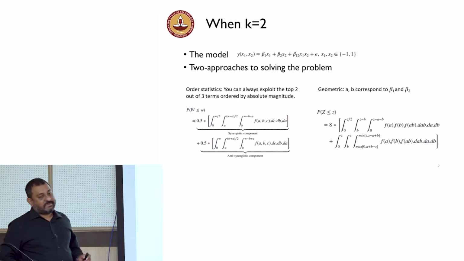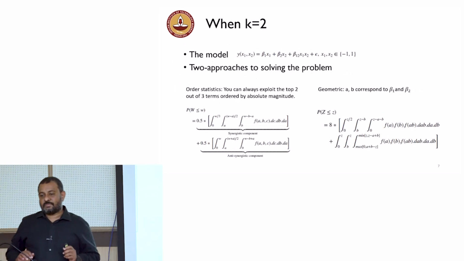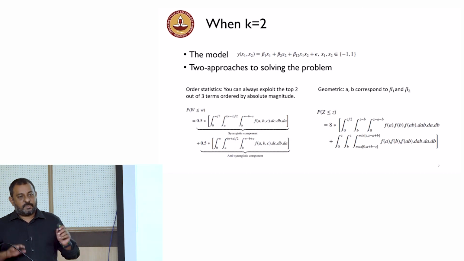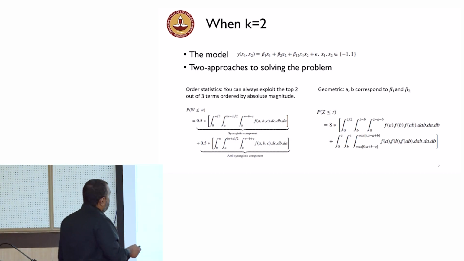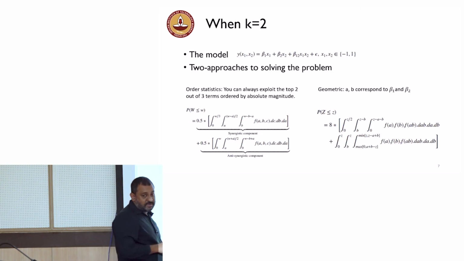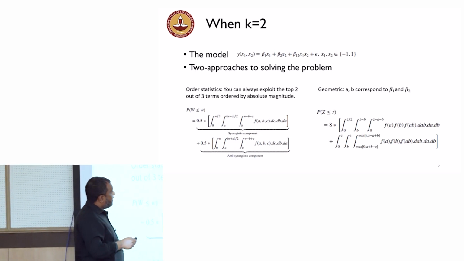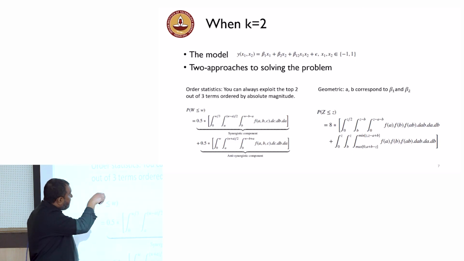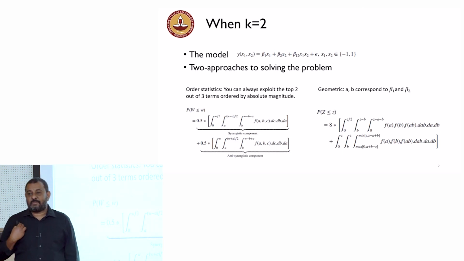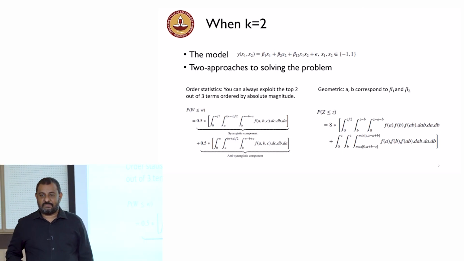Now, what happens when n becomes 2? When n is equal to 2, the problem gets a little murkier, right? It gets murkier because not only is it the sum of two half normals, but now you have this term, and in this term you're not guaranteed to exploit it, because if x1 and x2 are fixed for you, I can't go and fix something here to exploit the benefit of beta 1,2. Beta 1,2 can go in my favor or can go against my favor.